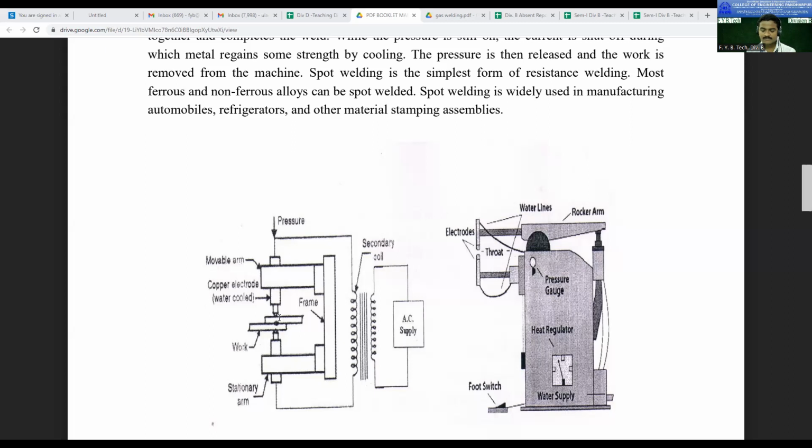The pressure is applied by using electrodes which squeezes the metal together and completes the weld, full stop.